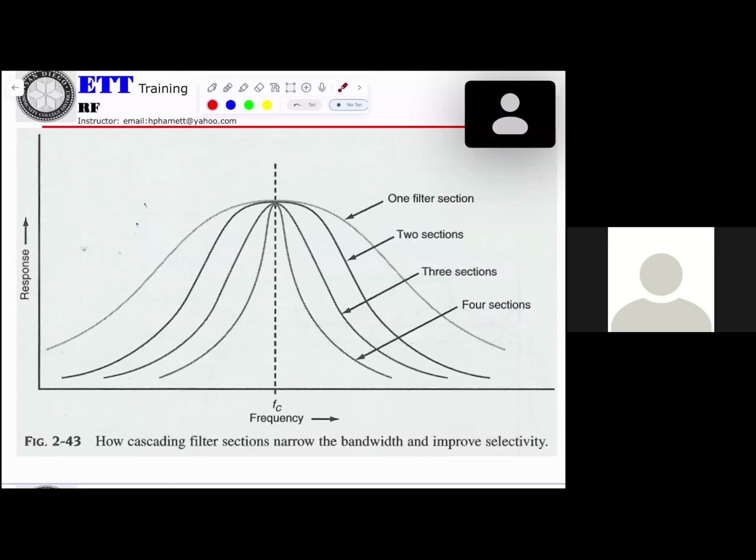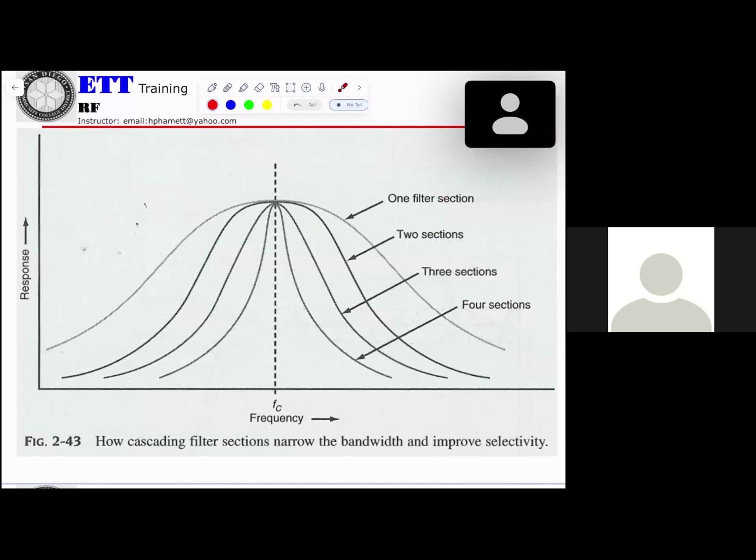And you understand, we already went through the active filter and the passive filter. However, they work identically.